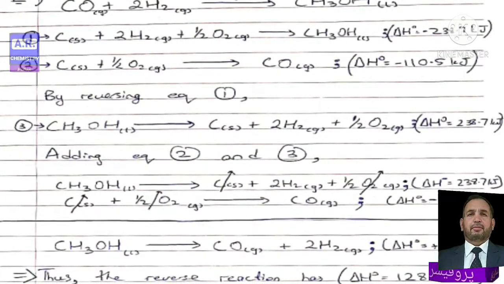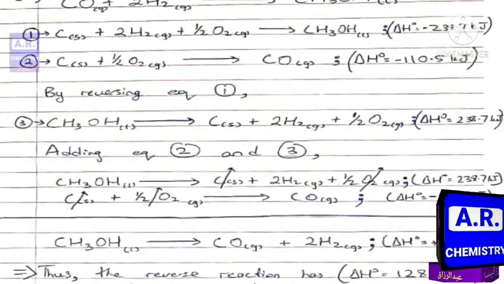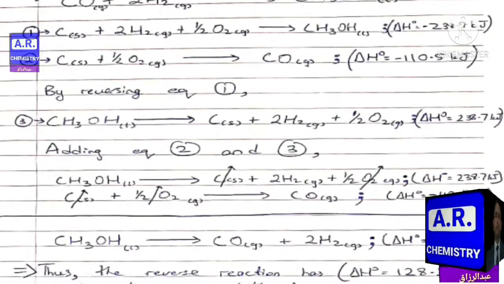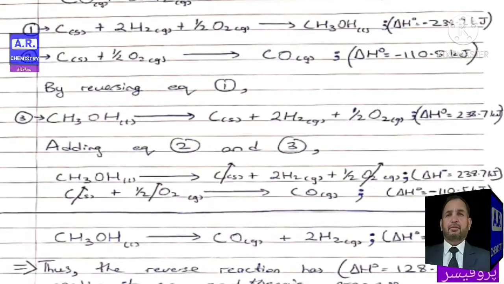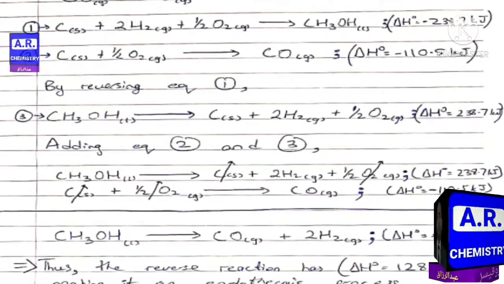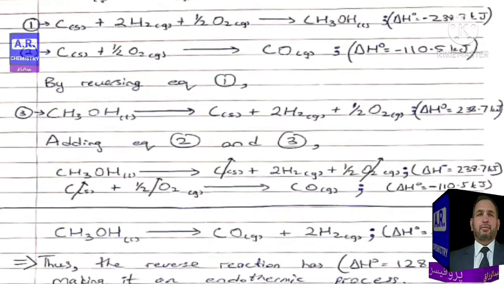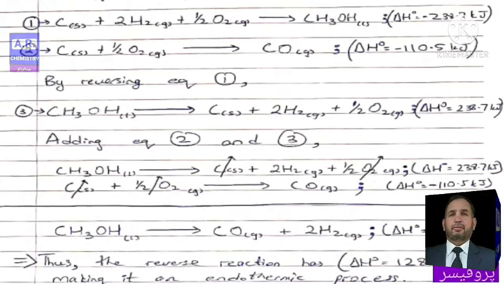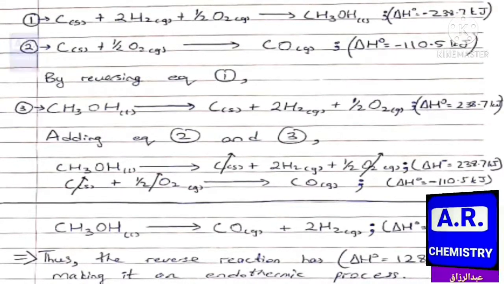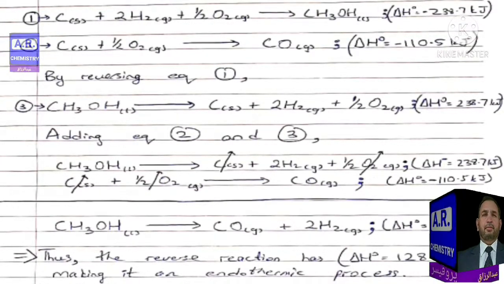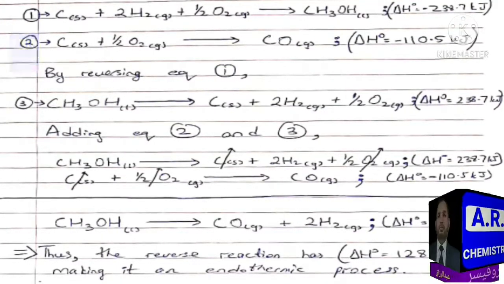You know that methanol is in the liquid state due to hydrogen bonding. You know that in alcohols there is hydrogen bonding, and hydrogen bonding is the strongest attractive intermolecular force. CH3OH liquid, after the arrow you write carbon, that is solid, 2H2, that is gas, and 1 by 2 O2. You are reversing equation number 1, and now you have equation number 3 here.